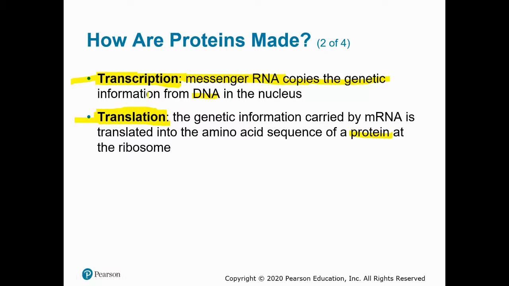If you want another way to remember it, it's kind of goofy, but transcribe and translate are the same letters up to the C or the L, and C comes before L in the alphabet. So transcription before translation. And then translation is you're translating it to a whole new language now. So we're translating it from the language of mRNA to the language of protein, right? Translation takes place at the ribosome.